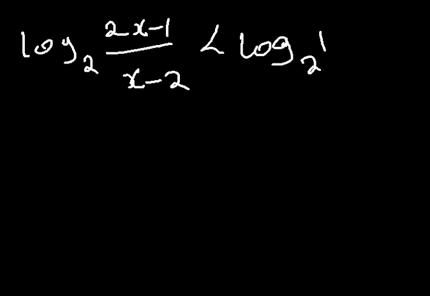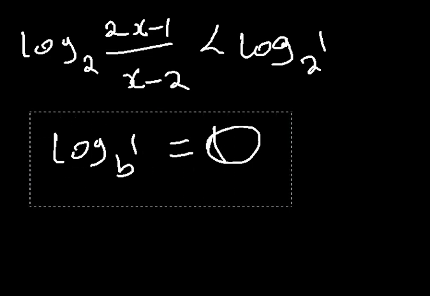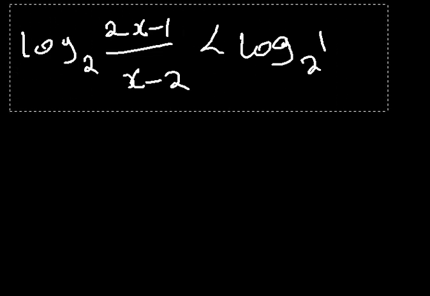You should know that one of the properties of logarithms is that log base b of 1 should be 0. So we are using that property. In case you are not much aware about that, just go through the video where we discussed properties of logarithms. You will come across that.